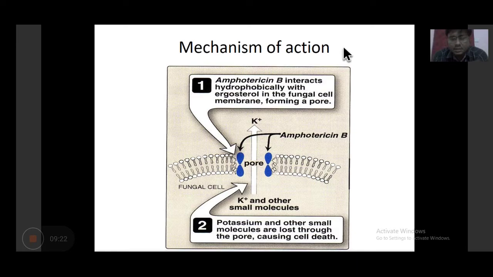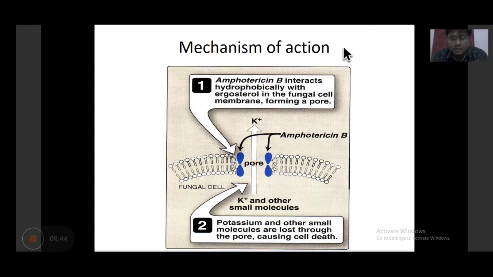Now, the mechanism of action here is a very, very simple two-step mechanism. First, because amphotericin B has both polar and non-polar parts in its structure, it interacts hydrophobically with ergosterol in the fungal cell membrane, and it forms a pore.